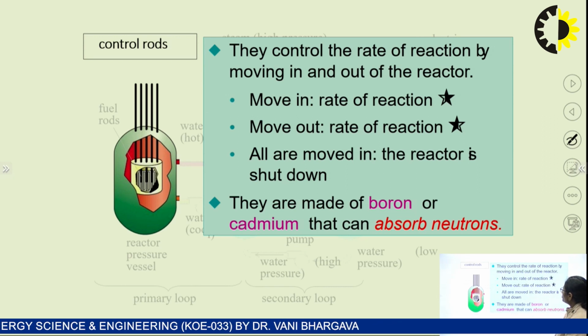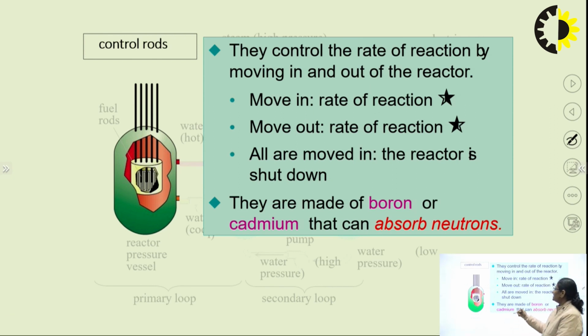See the control rods. They control the rate of reaction by moving them in and out of the reactor. If all the control rods are kept inside the reactor, then it will cause shutting down of the reactor.